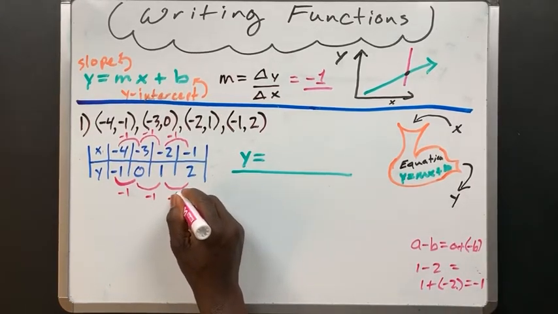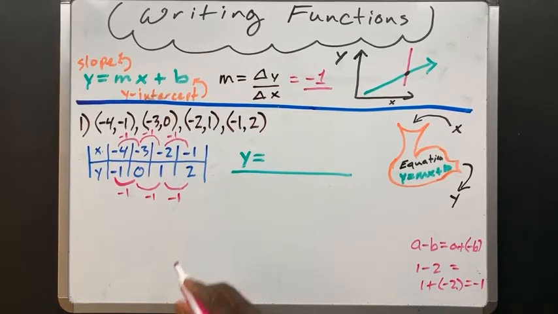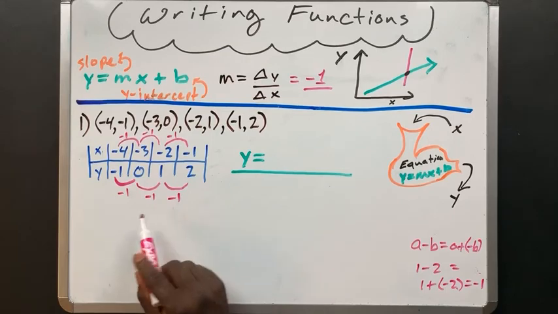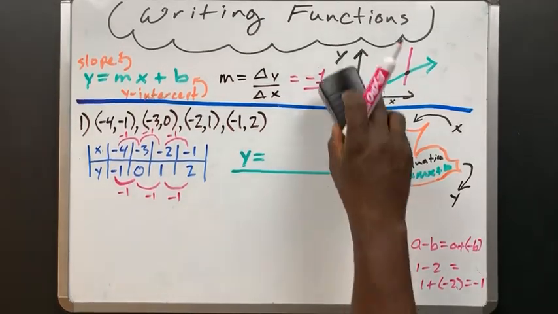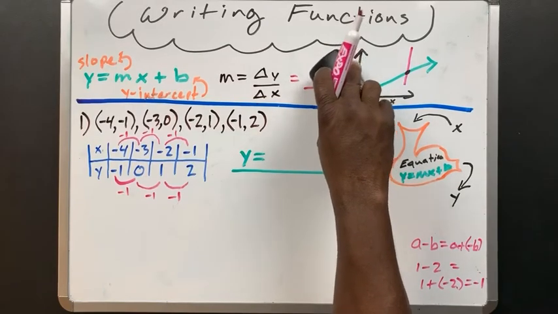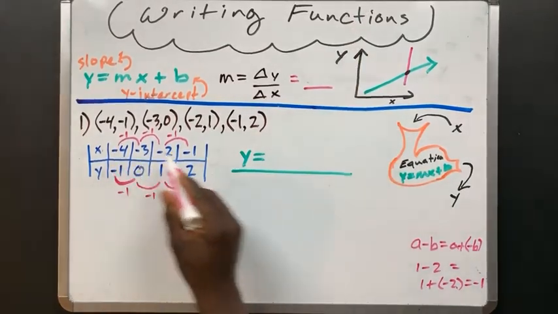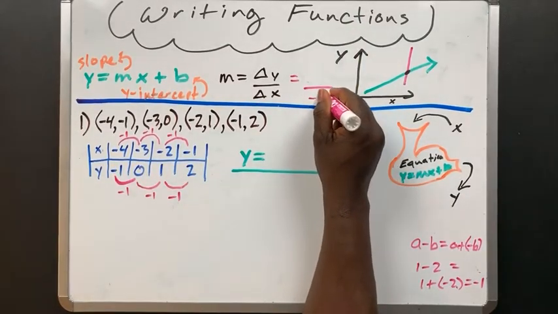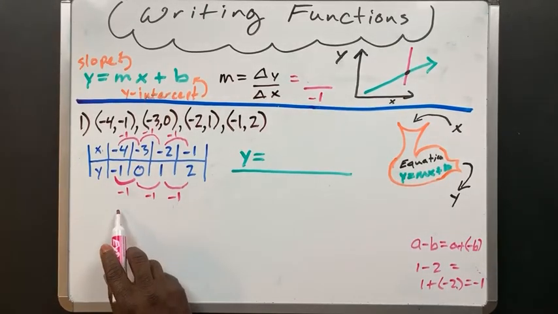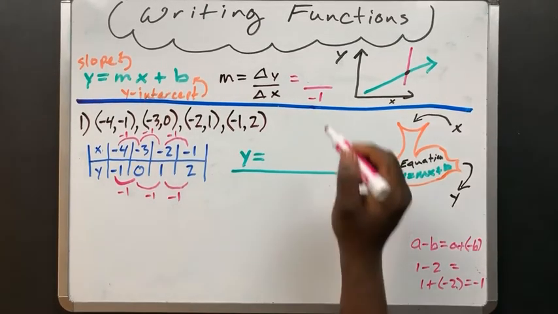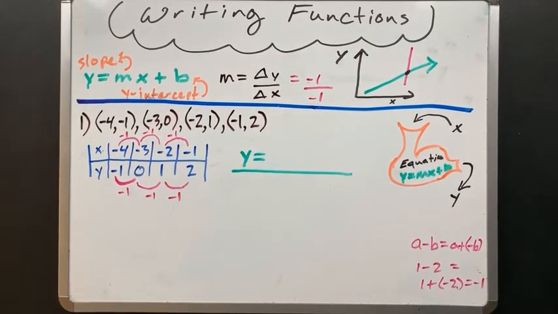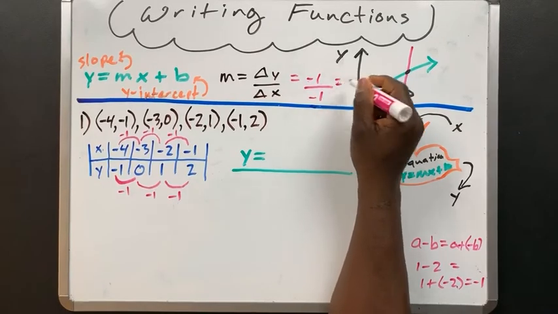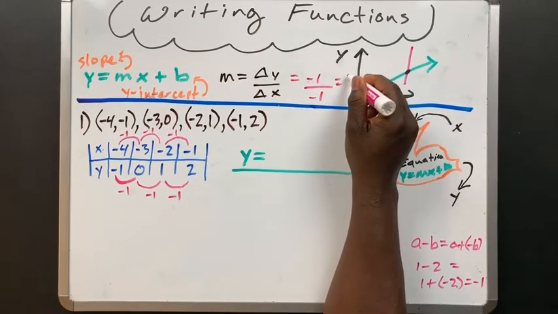So we had a constant change in the x values. Excuse me, I put that in the wrong place. We were dealing with the x values. That constant change was -1. And now we found a constant change in the y values of -1, right? Okay, so then the slope, -1 divided by -1 is 1.